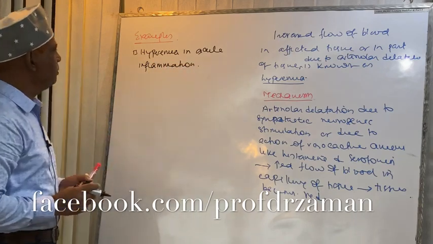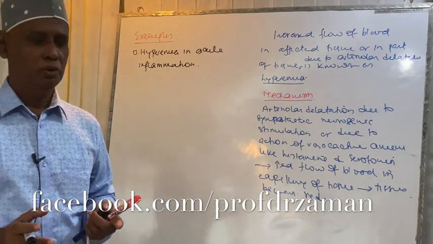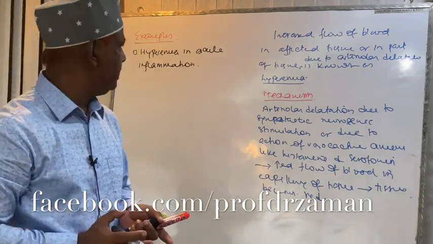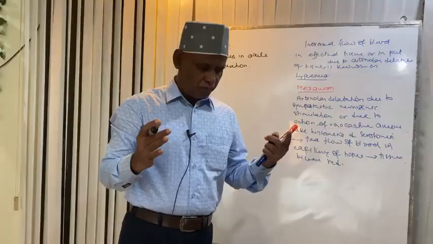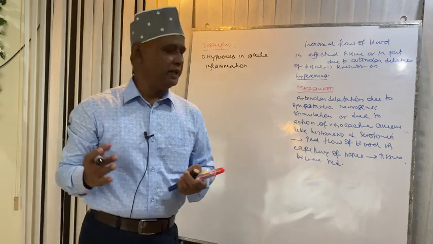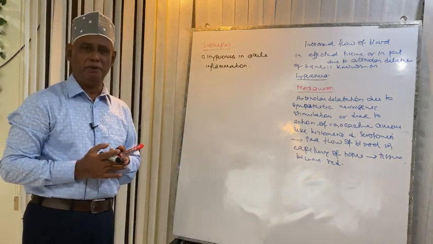Dear audience, you know, inflammation is the reaction of vascularized living tissue to local injury, provided the injurious agent does not destroy the tissue. In acute inflammation there are changes in blood flow and changes in the caliber of the blood vessels.